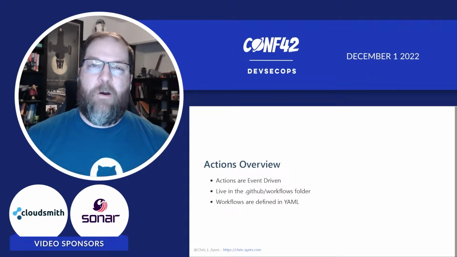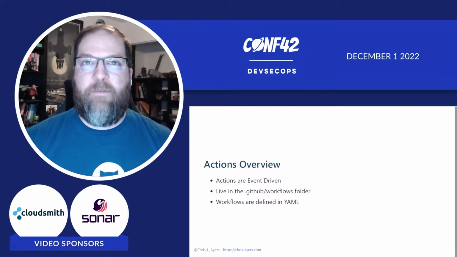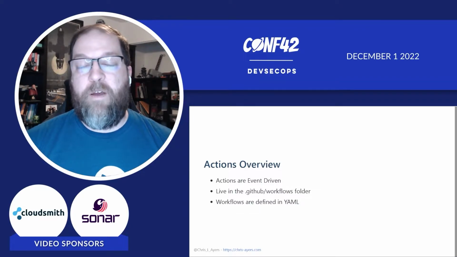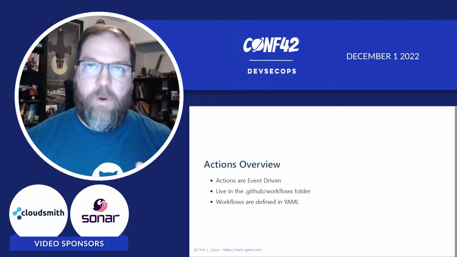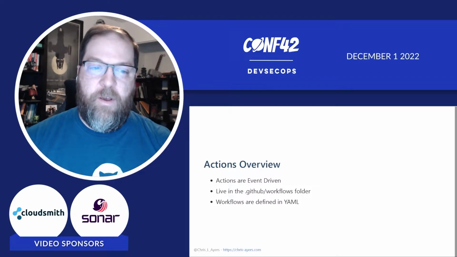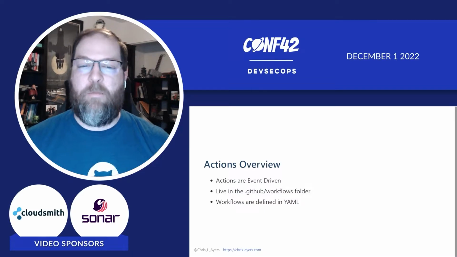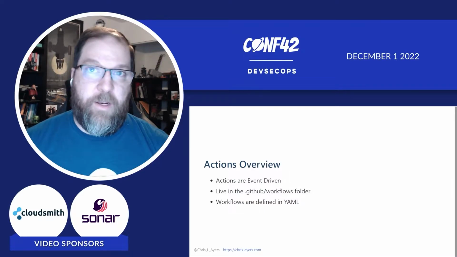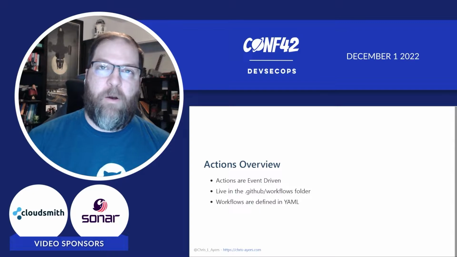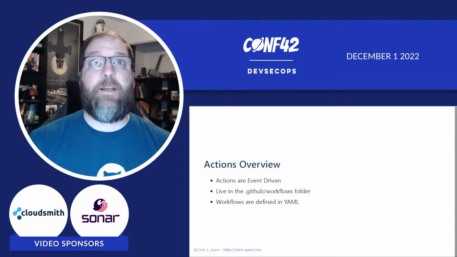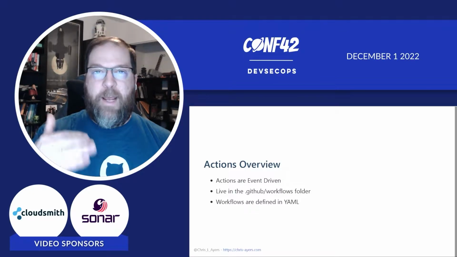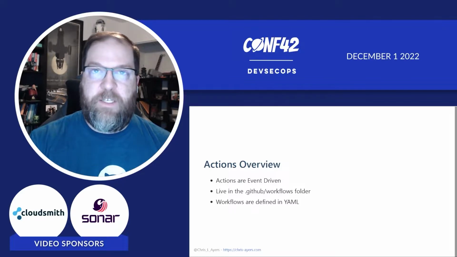Now, actions are event driven. So there's a large number of events that can trigger a workflow run. All GitHub Actions workflows live in the .github/workflows folder, and they're all defined in YAML. What's different about GitHub Actions from something like Azure Pipelines is that in Azure Pipelines, you have to specifically say, I want a new pipeline using this file.